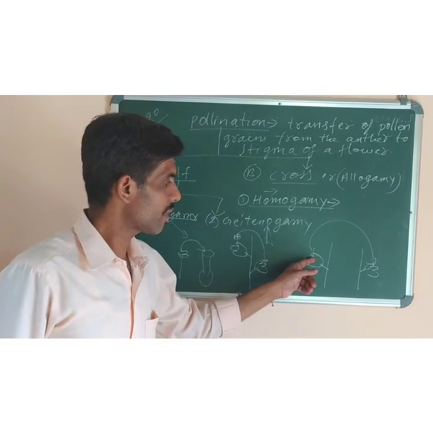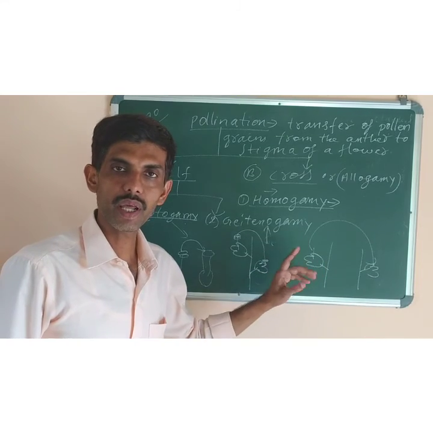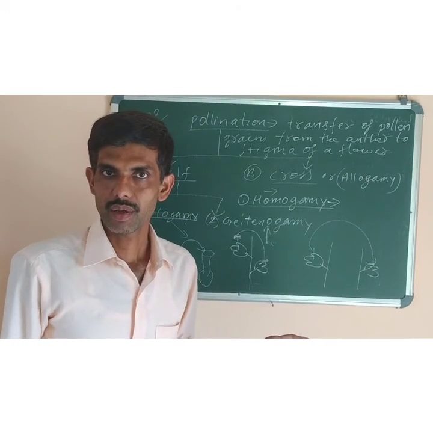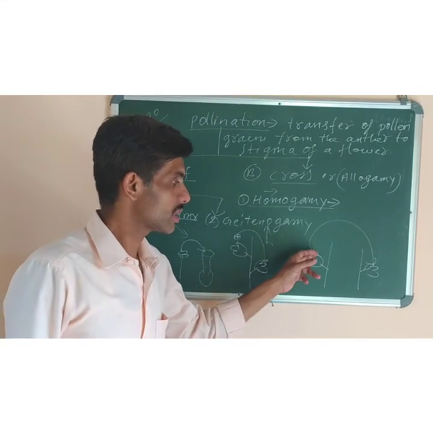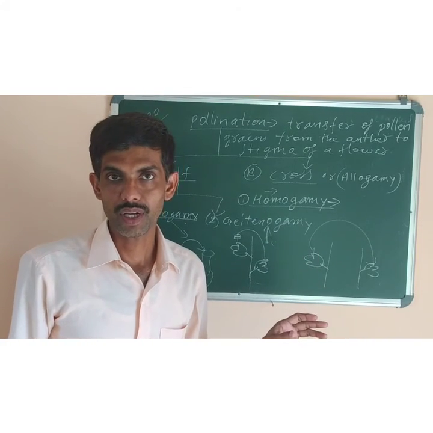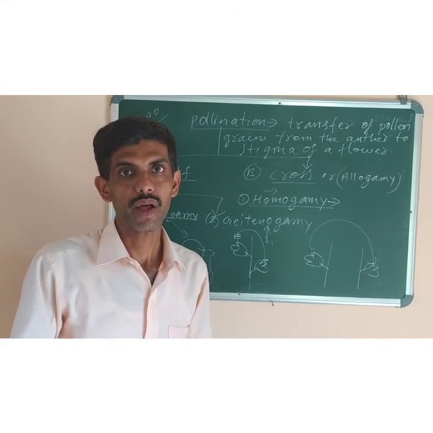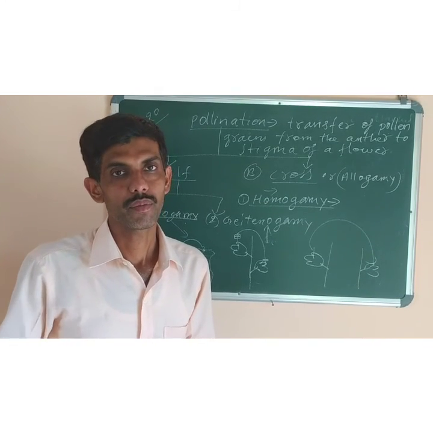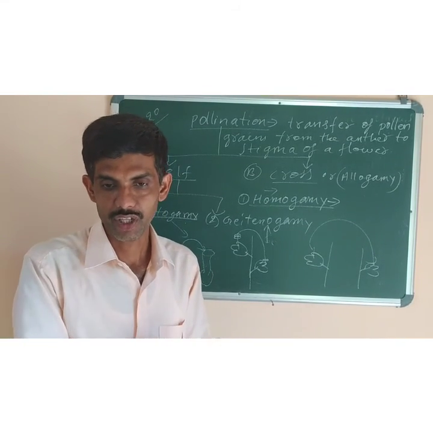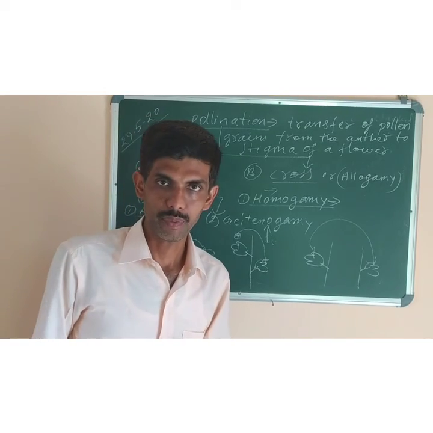Like within a flower, its own pollens will never carry out pollination. So homogamy means, homo means within one flower only, the pollens will fall on the stigma of that flower and bring about pollination.